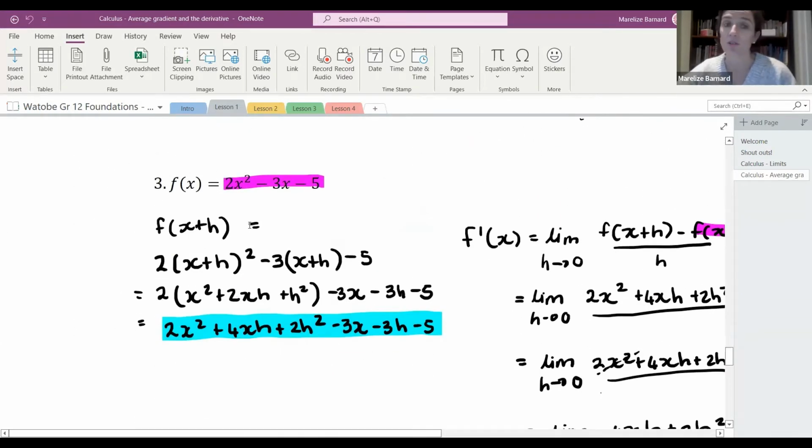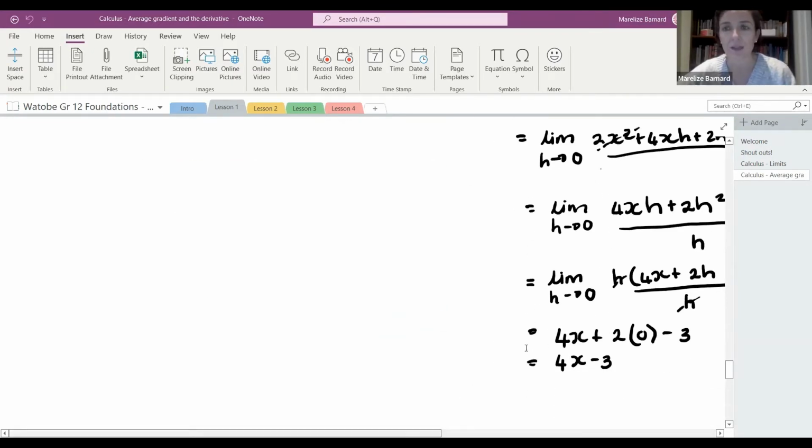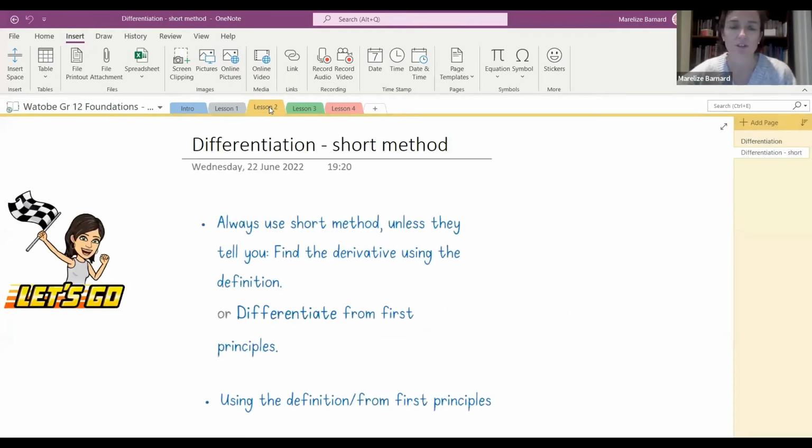Okay, so on Tuesday, we did all this long stuff with first principles. And today we are going to get to differentiation using the short method. If you've learned a little bit of calculus at school, you'll know that the short method is much better to get through than first principles. I just want to remind you that when we differentiate, we always use this short method.